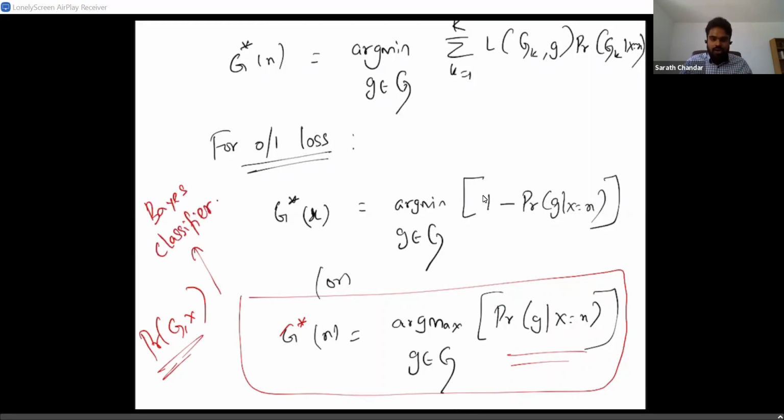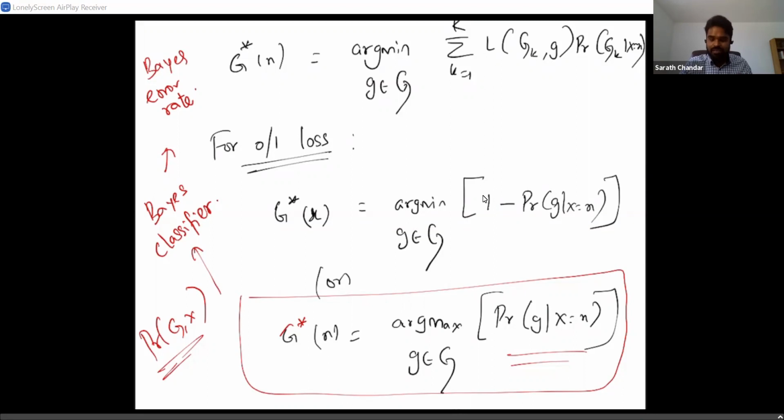Okay, so whatever error this particular classifier is going to have is known as the Bayes error rate. This is an important term, because the Bayes error rate for any particular problem is the lowest possible error rate that one can get.